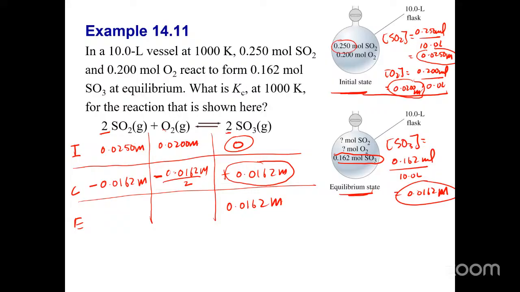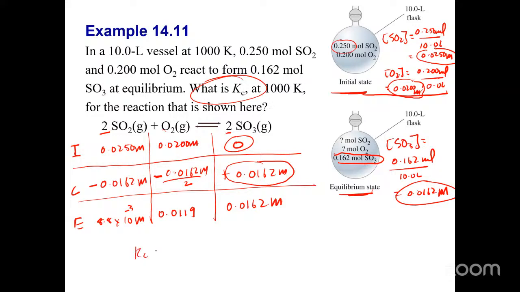And according to my calculation, this works out to be equal to 8.8 times 10 to the minus 3 M. And then as far as the O2 is concerned, that would be 0.02 minus 0.0162 divided by 2. According to my calculations, this works out to be equal to 0.0119.